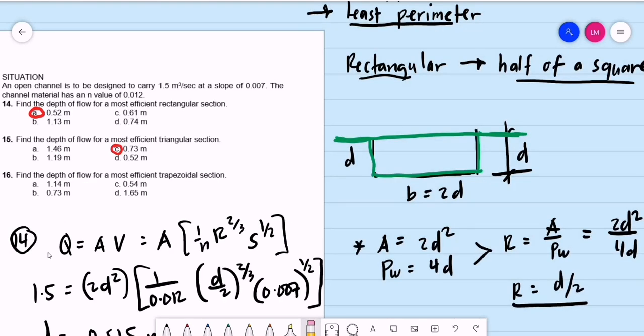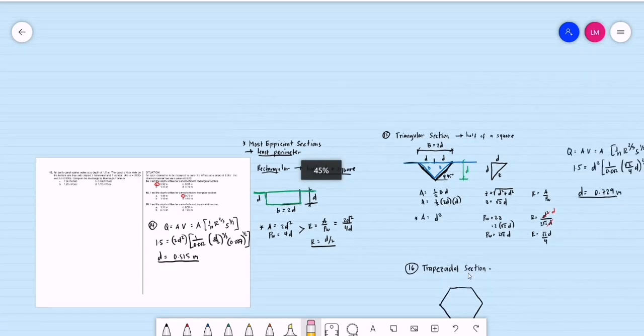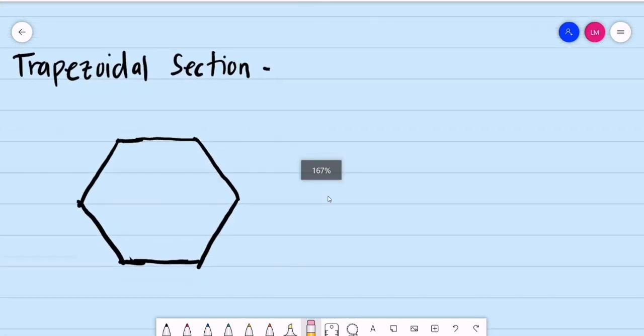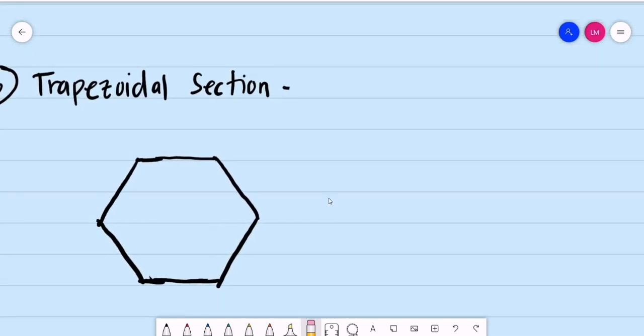Find the depth of flow for a most efficient trapezoidal section. For the most efficient trapezoidal section, we are to consider a half of a regular hexagon.